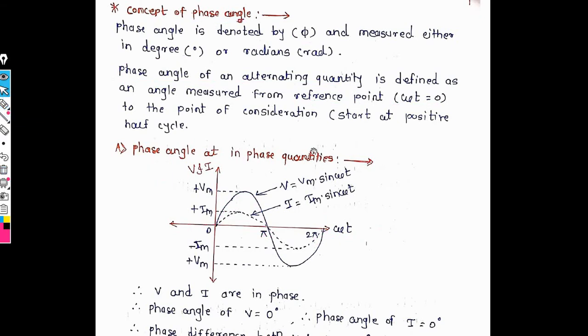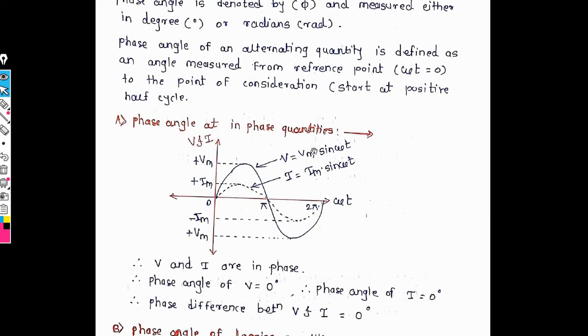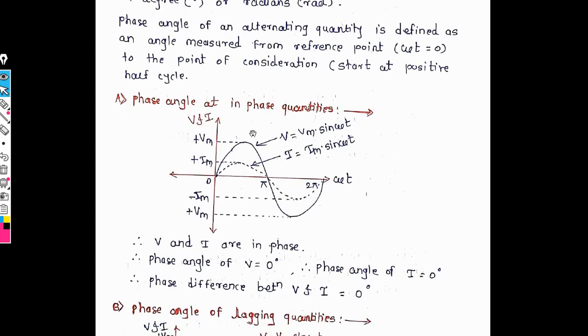Now the concept of phase angle is classified into three types. First one is zero phase quantity, second is lagging phase quantity, and last one is leading phase quantity. Okay. The first type is phase angle in an in-phase quantity, also called a zero phase quantity.